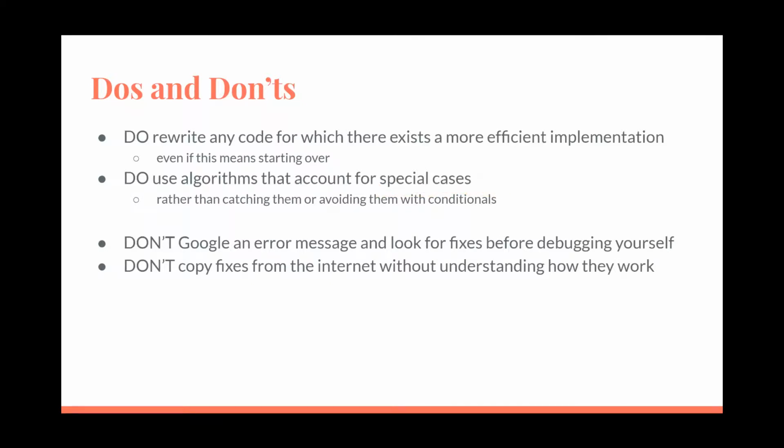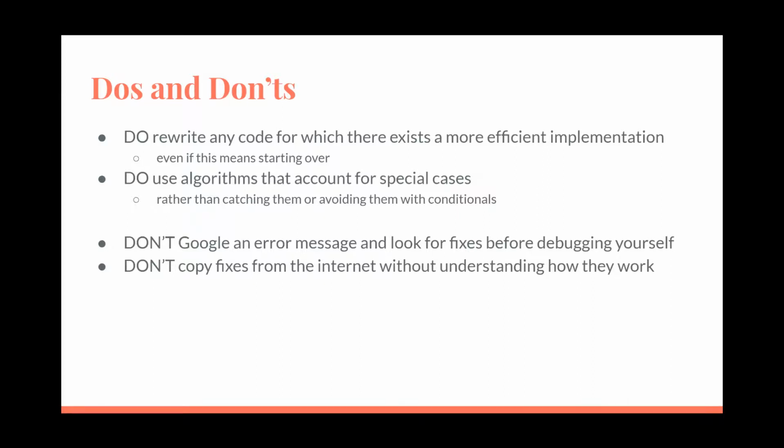Because a lot of the times, if you use an algorithm for which there are a lot of special cases in which it doesn't work, then you might not always think about all of them and you might miss one or two here or there, and then you'll run into more errors than if you just used a stronger implementation in the first place.